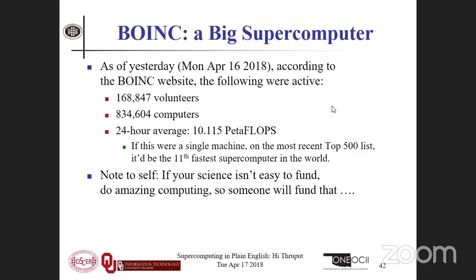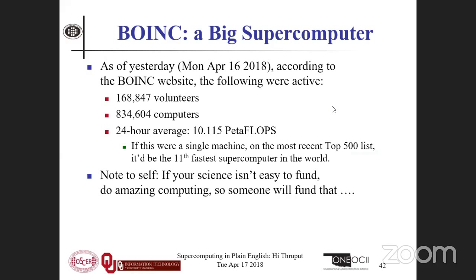Okay, don't get too scared. So yesterday, I checked this on their webpage. Yesterday, there were 169,000 volunteer people who had put that screensaver on their laptop. This is for all the different projects, not just for SETI at Home, but for all the different BOINC projects.